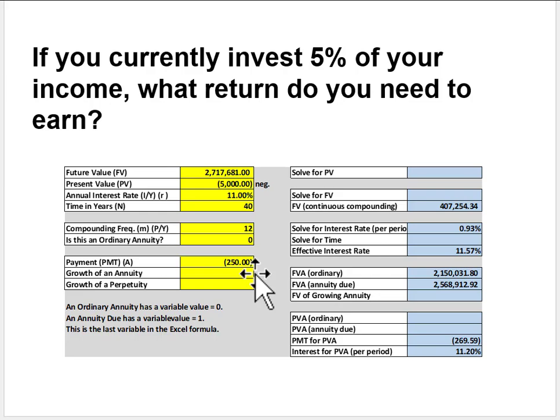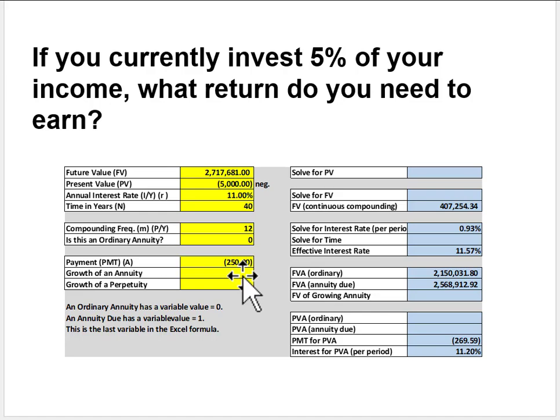That's 5% of the income that we stated earlier in the example, right? Or in the numbers we talked about earlier. So what that means is the interest, you would have to earn 11.2%. So if you could earn 11.2 and you're already investing $250, you'd be able to retire with that 2.7 million.